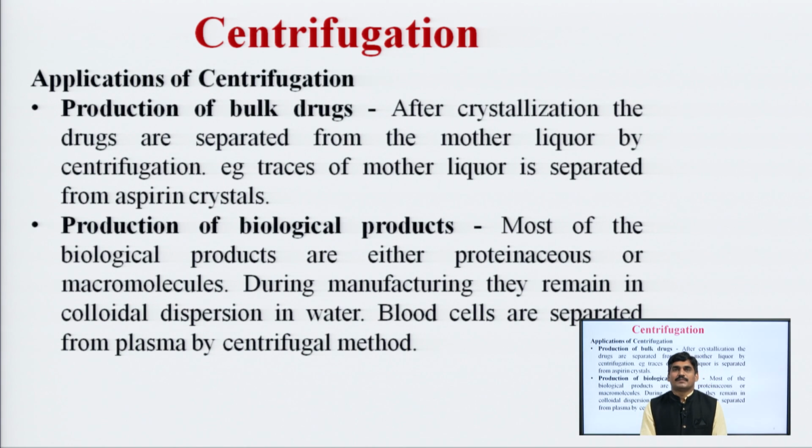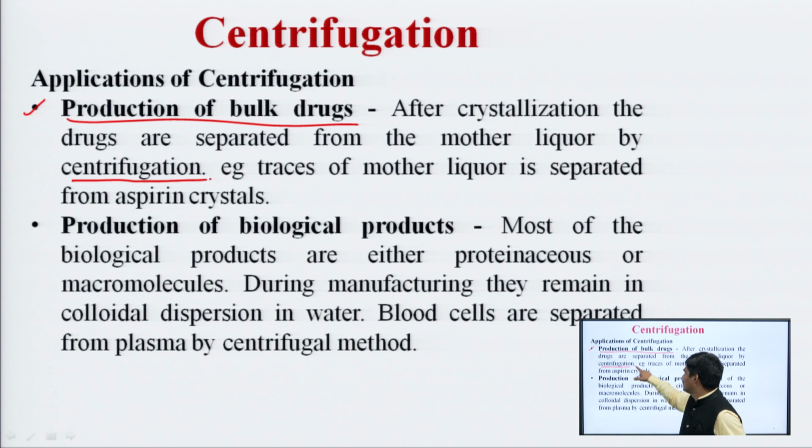Now, applications of various centrifugation processes. First one, it is used in the production of bulk drugs. What happens after crystallization? Drugs are separated from the mother liquor by which process? By the process of centrifugation.